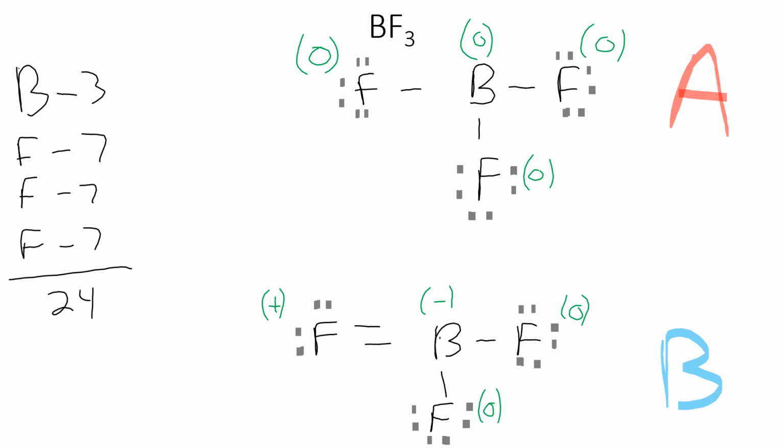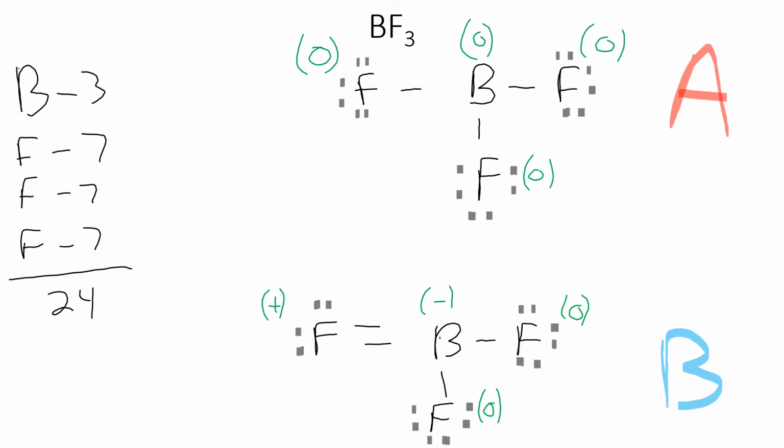Here's where we can use that last point about formal charge to break this tie. That last point about formal charge says the formal charge should be consistent with electronegativity. Well, what does that mean? When you look at the periodic table and you look at fluorine and boron, which one's more electronegative?